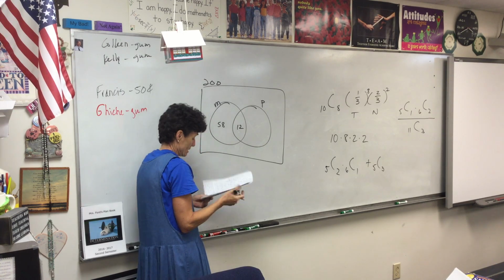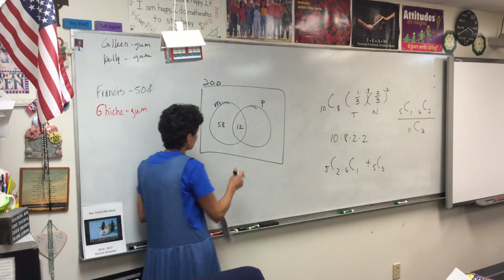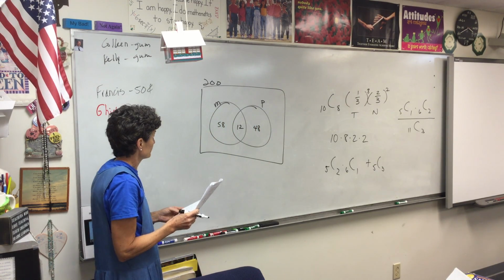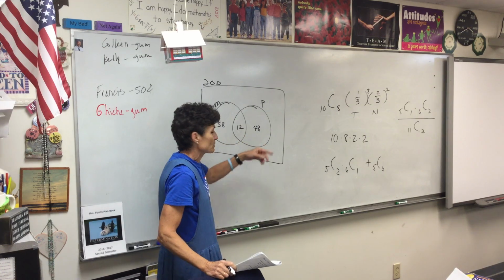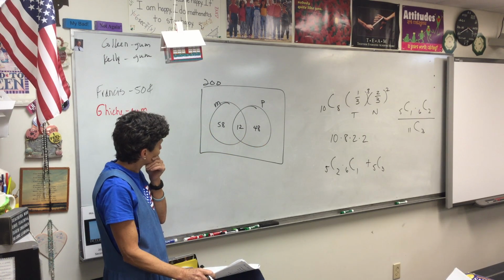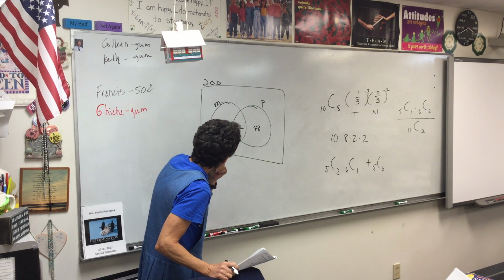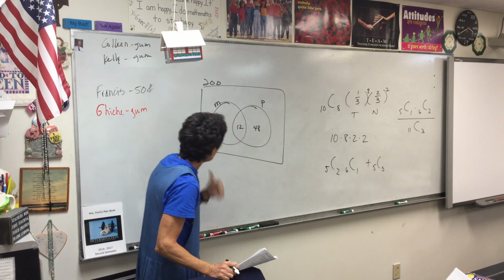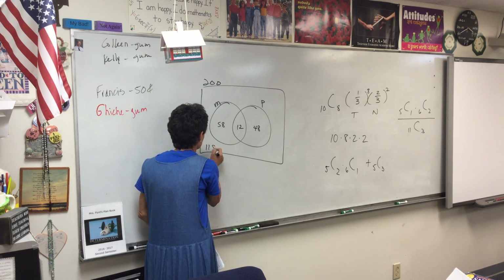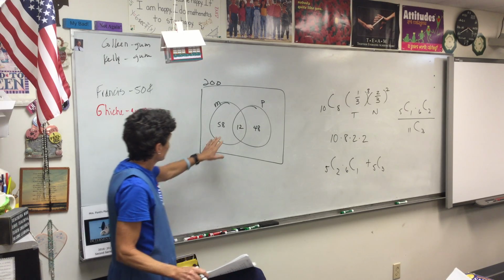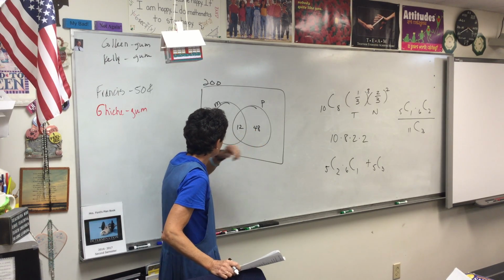The Pepsi ball had 60 in it, so this must be 48. How many people are represented in those balls? 118. You got 58 plus 12 plus 48.